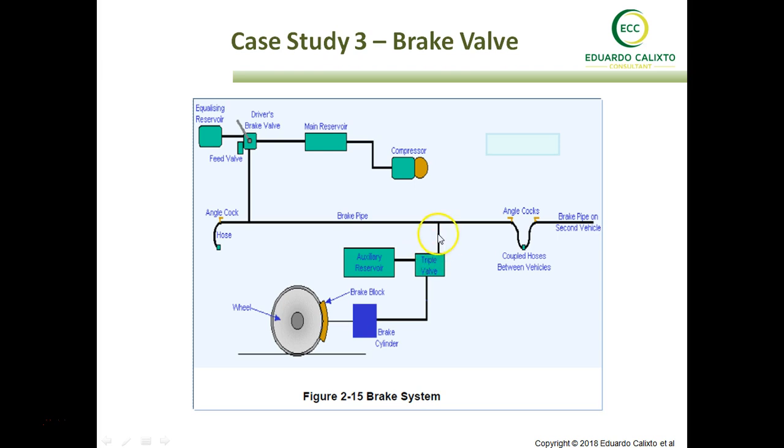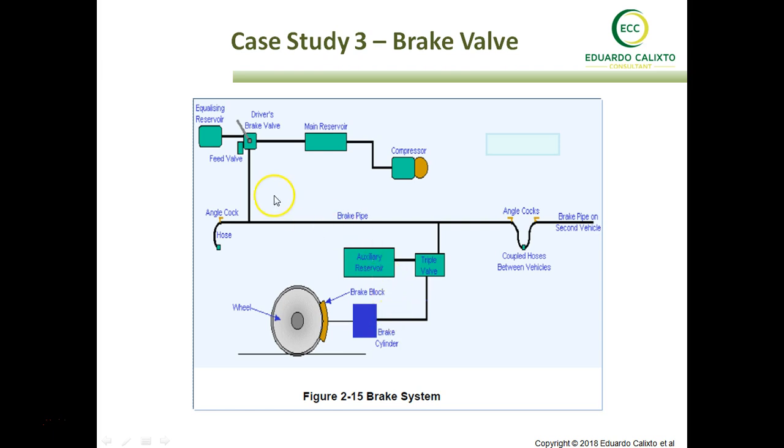If the pressure of this line is higher than the pressure coming from the auxiliary reservoir, the triple valve shifts to the left. And what's going to happen here? The brake will come back to the standby position, and then the car can start and move ahead again.